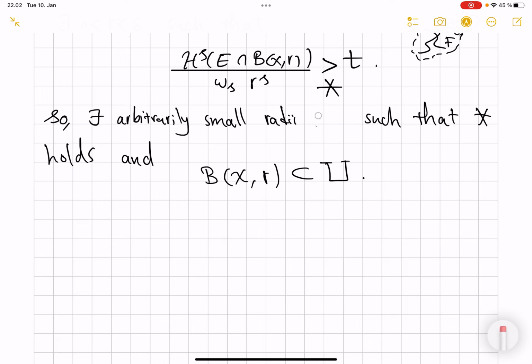I must say that I also keep them less than delta over 2. Again, because arbitrarily small radii exist, we can arrange for this.